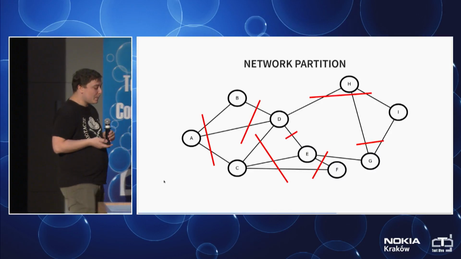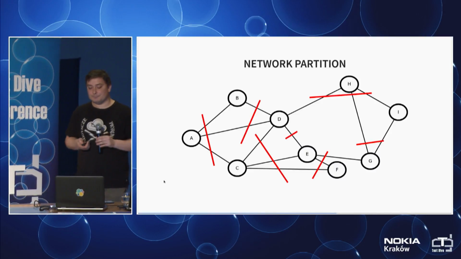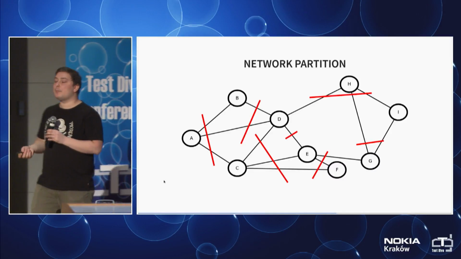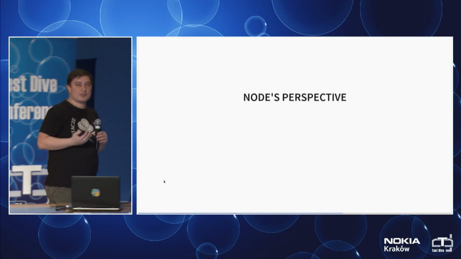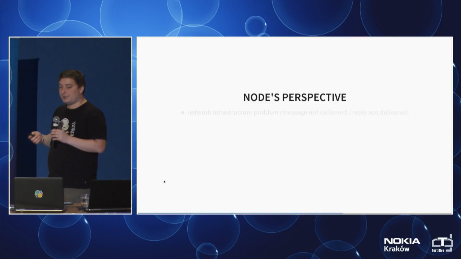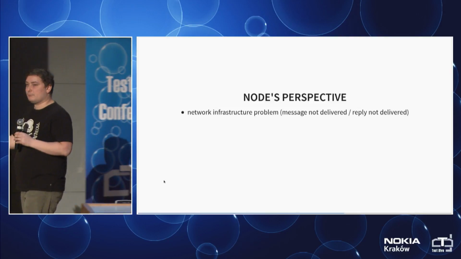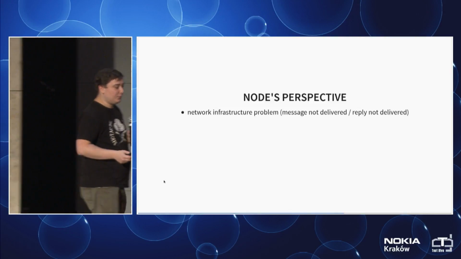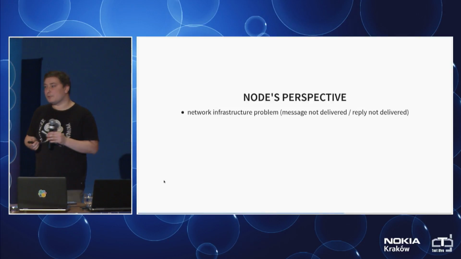And this is the reason why network partitions are a very interesting thing when we think about testing distributed apps. Because from the node perspective, if we don't receive a message in time, it can be either that there is some network problem, so the message hasn't arrived at the other peer, or maybe the reply was not delivered to us. This is a possibility.